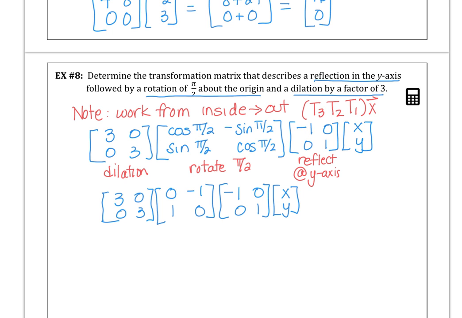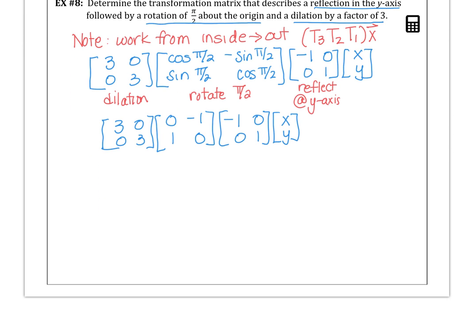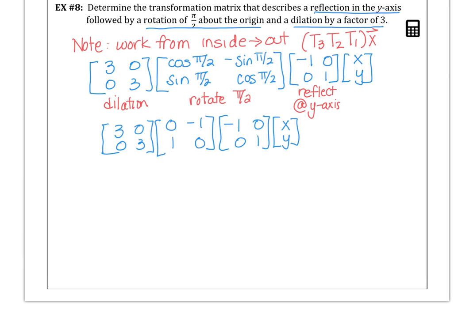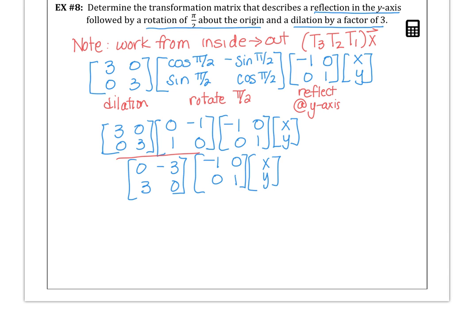So performing those operations inside out, we've got x, y here, and [-1, 0, 0, 1]. And then doing these two together gives us [0, -3, 3, 0]. So we performed those operations first.